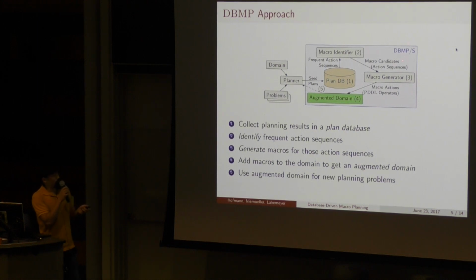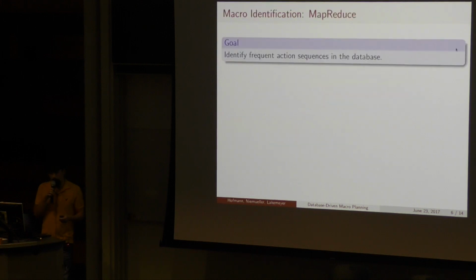From these candidates, we generate macro actions, which are PDDL representations of those action sequences. We add the macro to a domain to obtain an augmented domain, which can then be used for further planning runs. And in the following, I want to go into more detail, mainly on number 2 and number 3, the identification and the generation of macro actions.